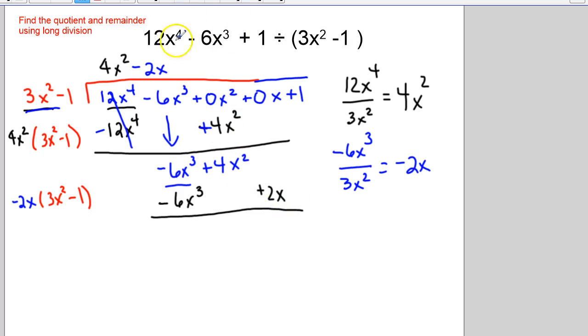Now I'm going to come through and change my signs. This becomes positive, this becomes negative. So that guy goes to 0. I end up with a 4x squared here minus 2x. Now I come over and I need to look at 4x squared and 3x squared. Oh, this is going to be kind of yucky. What is 4x squared divided by 3x squared?